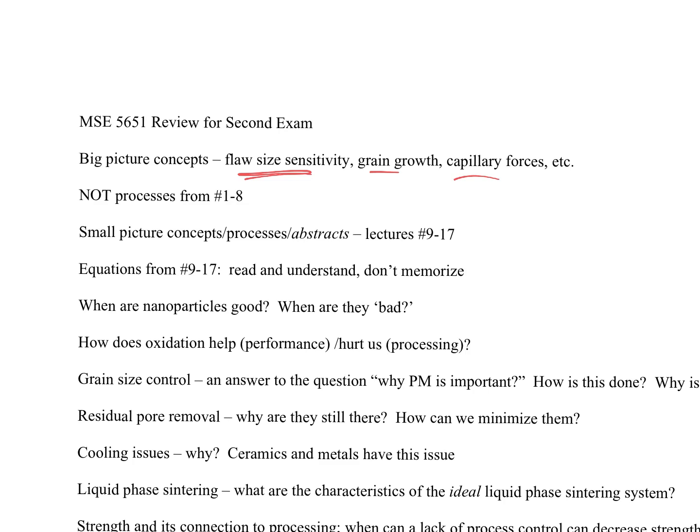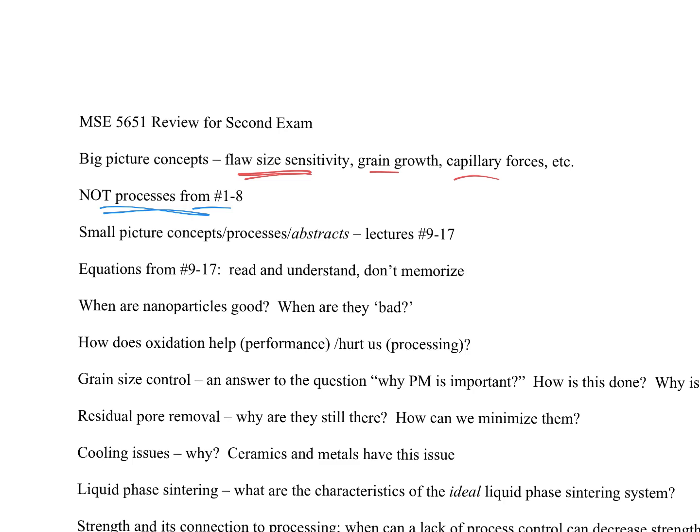And in some cases, they are more important in MIM, like grain growth especially, than they are in CIM. We're not going to talk about processes from 1 through 8, so I won't go over the details of that. But again, Lecture 4, you should still be familiar with.